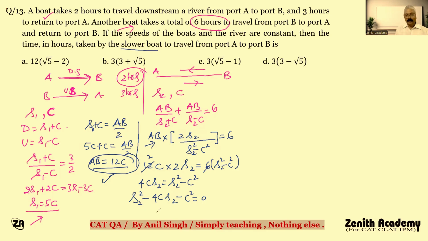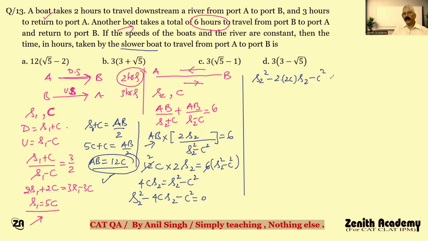So first we have already found S1 is equal to 5C. So let us find the value of S2 in terms of C. Now it is a quadratic equation. So S2 square, you can write it as S2 square minus 2 into 2C S2 minus C square.